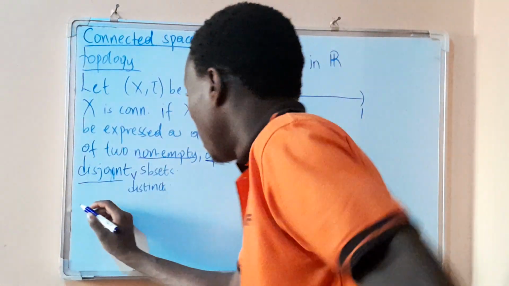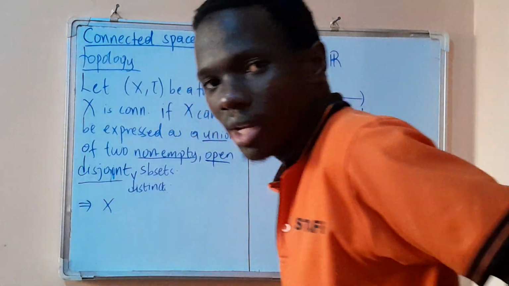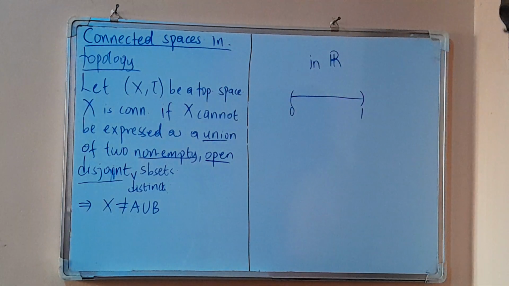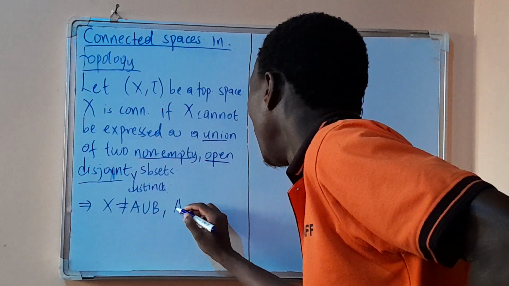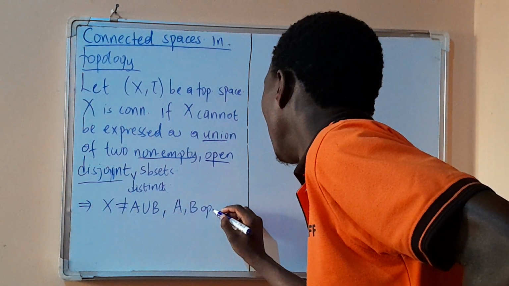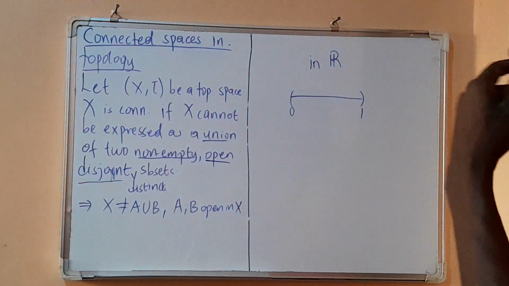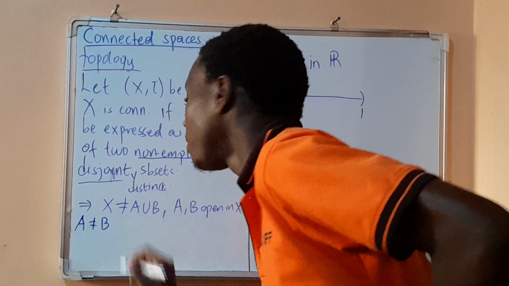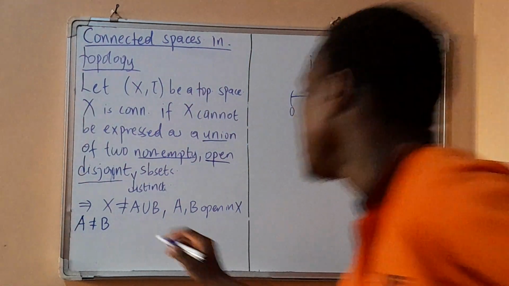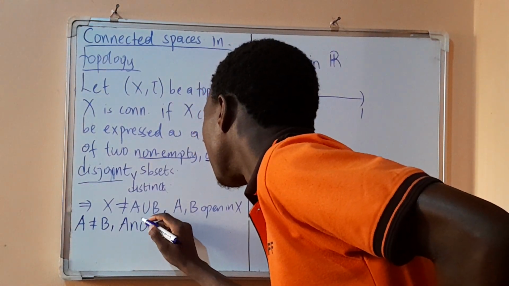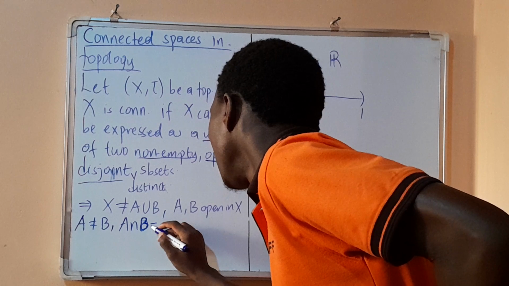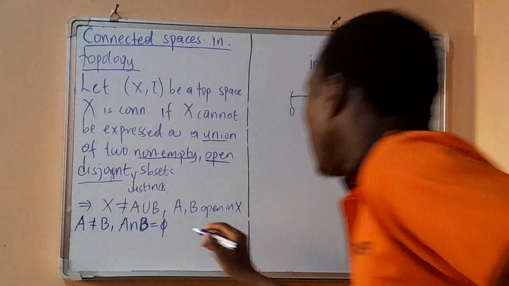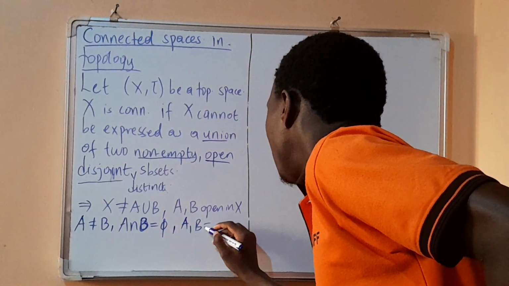So this implies that for X to be connected, X shouldn't be equal to the union of sets A and B, where A and B are open in X, A and B are disjoint, they are distinct sets, and their intersection is an empty set. Also, A and B shouldn't be empty sets.